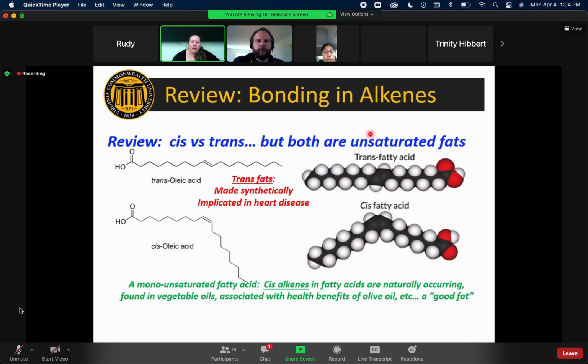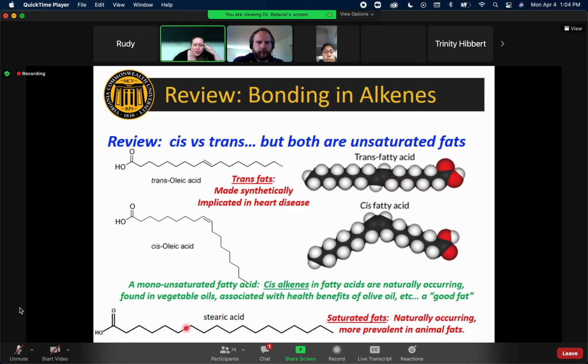So in order to think about what unsaturated fats are, I'm going to show you an example of a saturated fat, and that's right here. This is stearic acid. This is a C18 chain with a carboxylic acid at one end. And this is one example of a saturated fat.